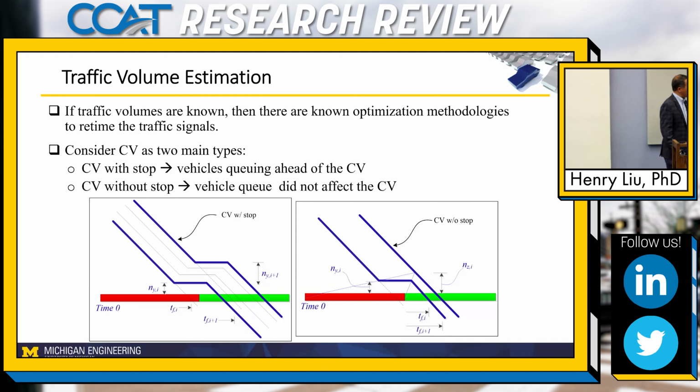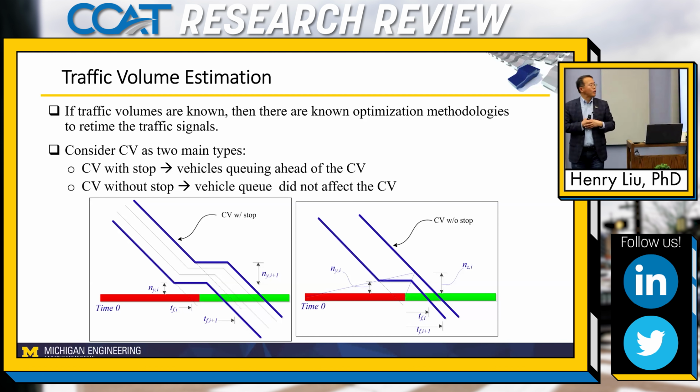Initially, if you look at it in terms of vehicle trajectories, we know a few, we don't know a lot. But if a vehicle stops 100 feet from the intersection, I know roughly four vehicles are in front of this vehicle, because the stopping distance between vehicles is roughly 20 feet per vehicle.